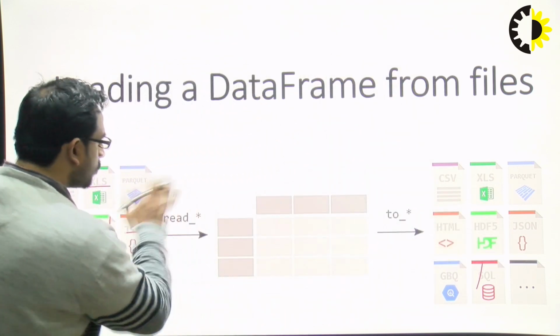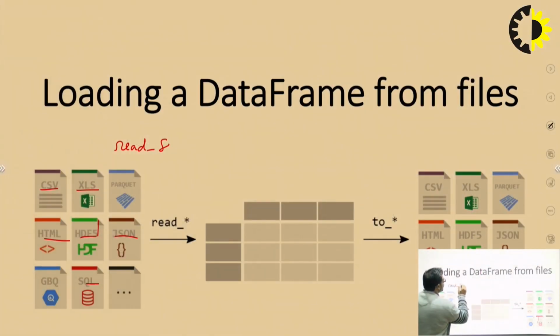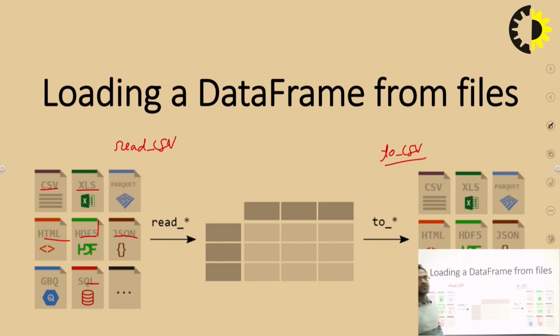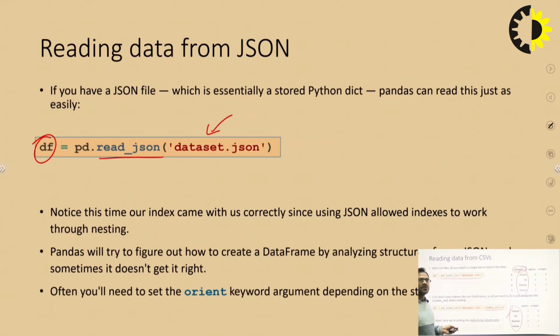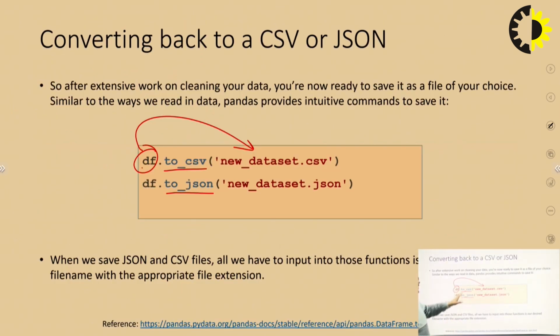So when you want to read, you can call read_csv, and when you want to store, you call to_csv. These are the two functions you can use here. So read_csv, and if you want to store, to_csv or to_json.